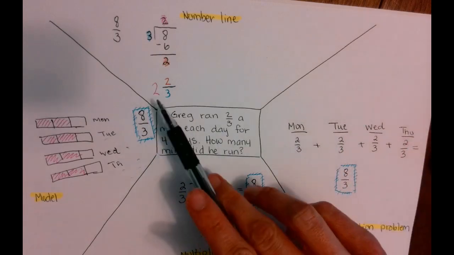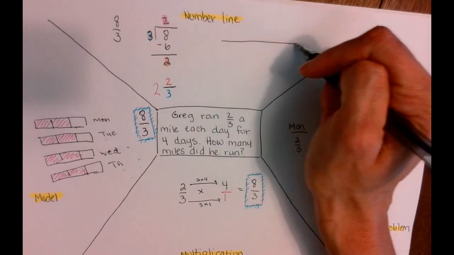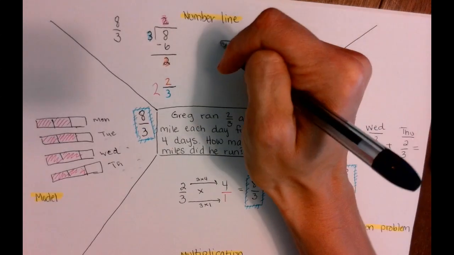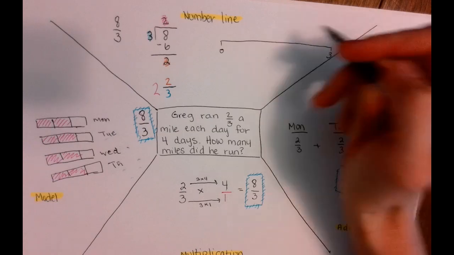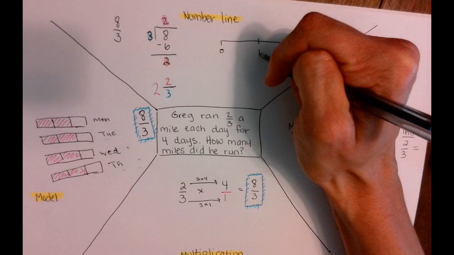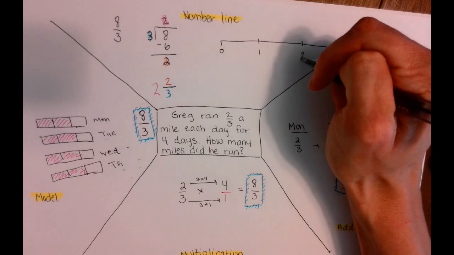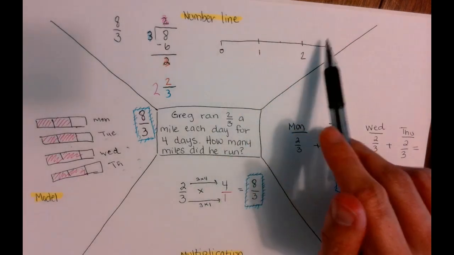So my number line needs to start at 0, and it needs to go all the way to 3. So 0, and then divide it into thirds. 1, 2, 3. Just like we did here, each of these thirds needs to be divided into thirds as well.